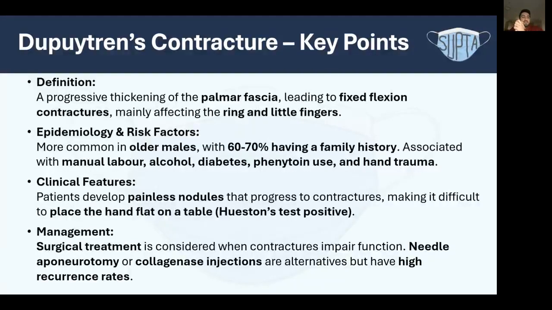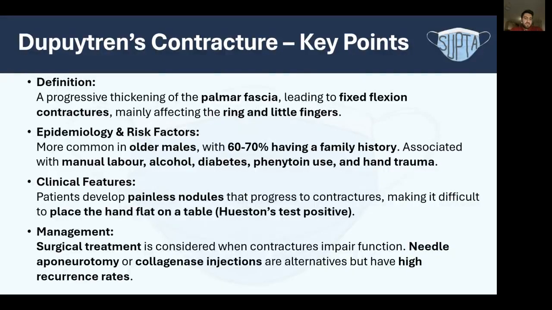It's more common in older males. A lot of them have a family history of similar issues. The other risk factors are manual labor, alcohol consumption, diabetes, phenytoin use, and hand trauma. Patients develop painless nodules that progress to contractures, making it difficult to place the hand flat on the table, and that's the Hueston test positive.